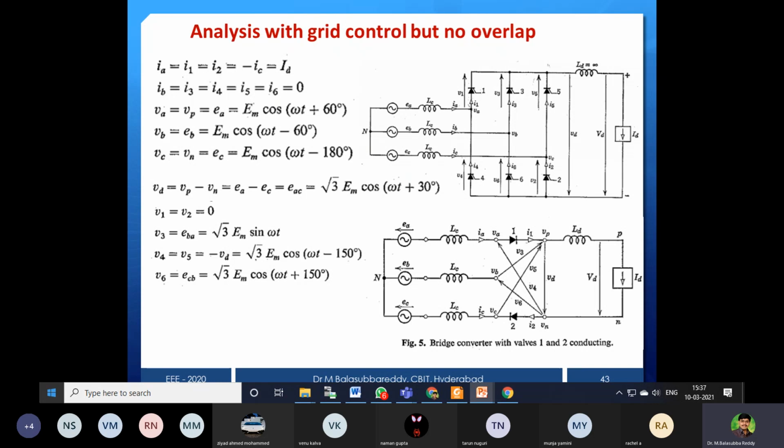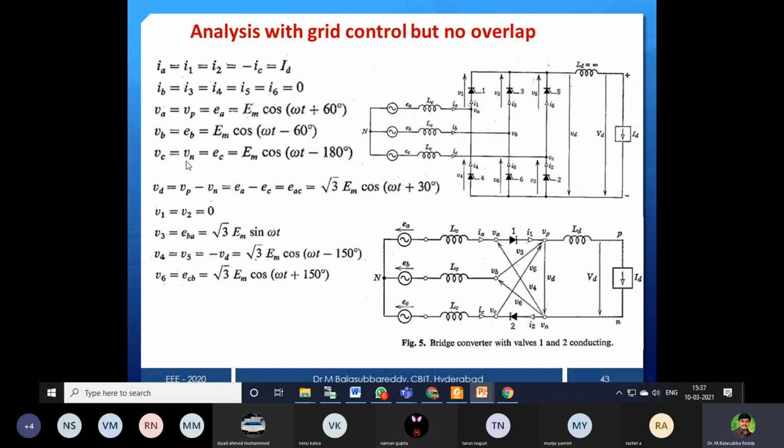That is the case where the overlap period is less than 60 degrees, which is preferably the case actually. If the overlap angle is equal to 60 degrees, in all cases 3 valve conduction takes place. If the overlap angle is greater than 60 degrees, again two intervals: one interval is 3 valve conduction, another interval is 4 valve conduction. So that is the procedure.